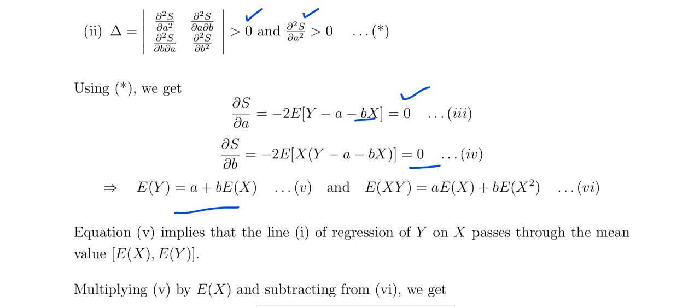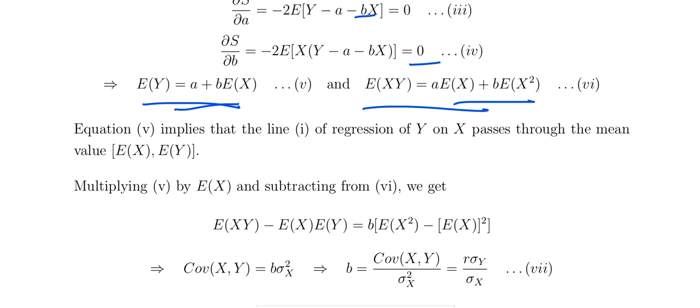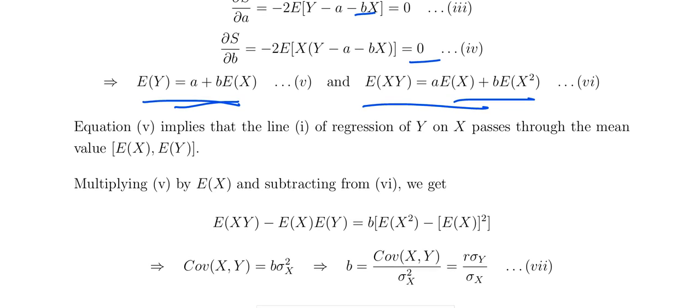So from this, E of y equals a plus b E of x. E of a is just a, and E of x is x, so E of y equals this. From the second, E of xy equals a into E of x plus b into E of x square. This implies that line 1, the regression of y on x, passes through the means E of x comma E of y.